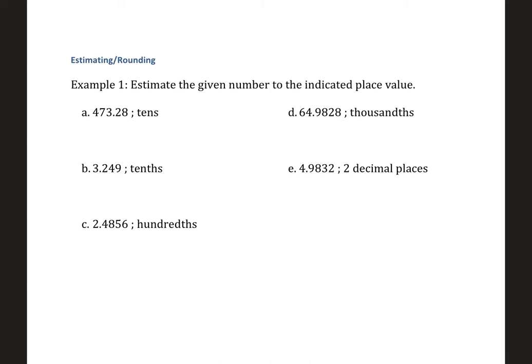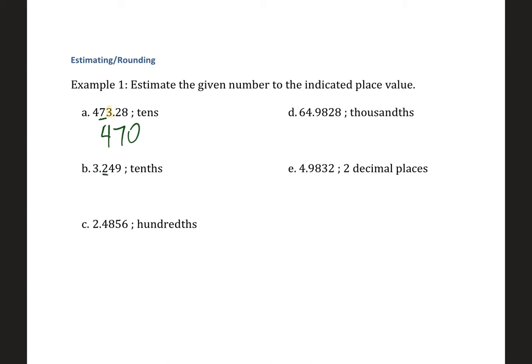So I'm going to round it to that 7's place right there. I'm going to look always to the one to the right of it. The 3, since it's less than 5, that 7's going to stay the same and everything to the right will be zeros. So it's 470.